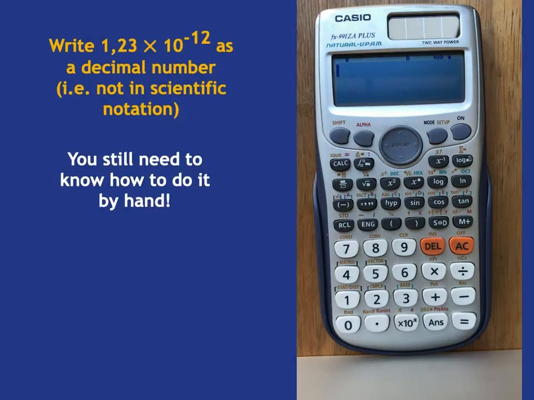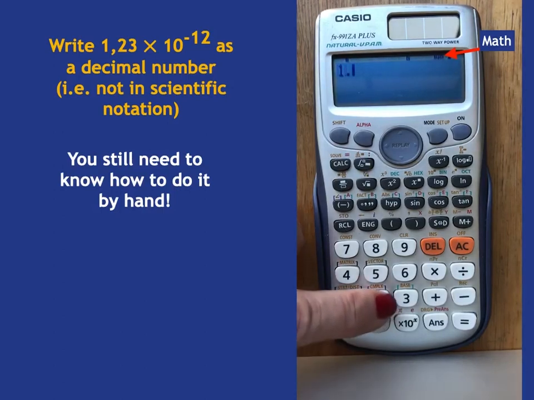And just a final little word of warning, you actually still need to know how to do the conversions by hand because your calculator has limitations. So here I've got my calculator perfectly in math mode and I want to write 1.23 times 10 to the negative 12 as a decimal number, I proceed as I've always done.